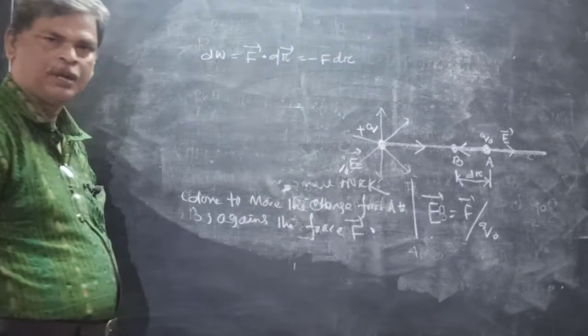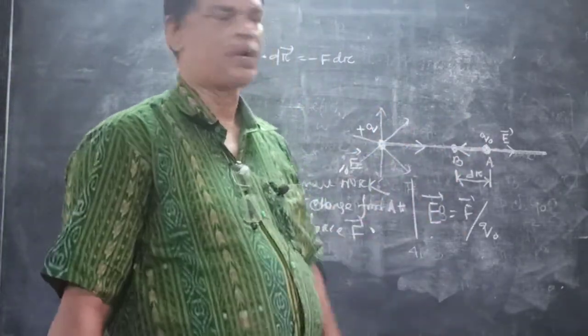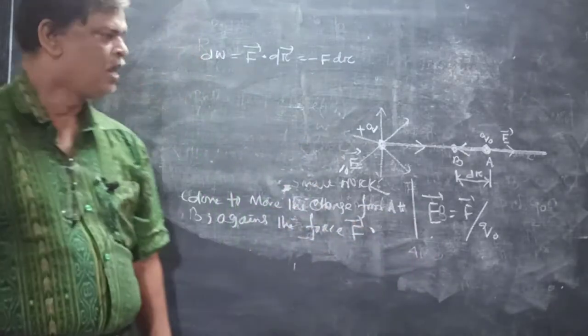Why is it minus? Because the angle of separation is 180 and cos 180 is minus 1, so minus F dr. What is F?